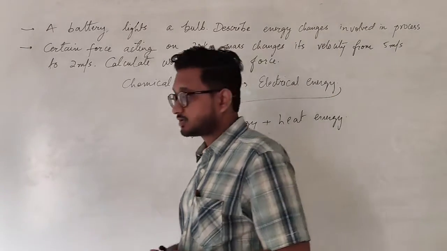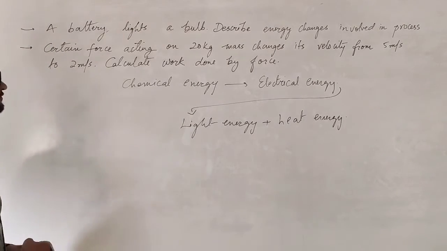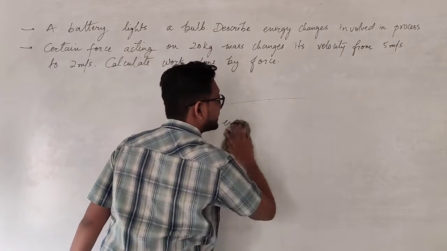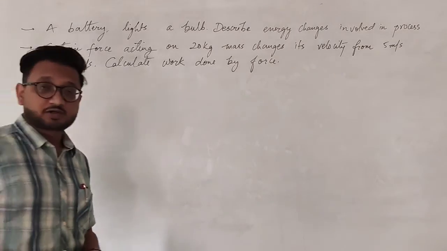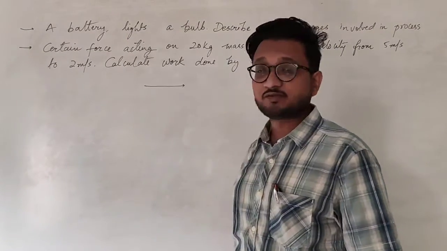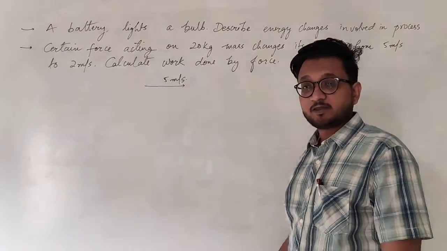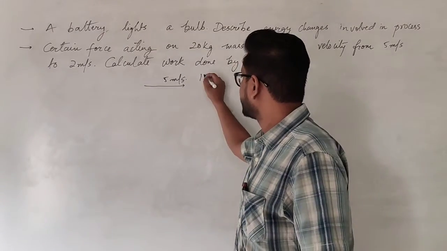Very simple. Okay. The next one is: a certain force acting on a 20 kilogram mass changes its velocity from 5 meters per second to 2 meters per second. So in this particular case, let's say that an object is moving with a velocity of 5 meters per second. Whenever an object is moving, it is going to have a certain amount of kinetic energy.